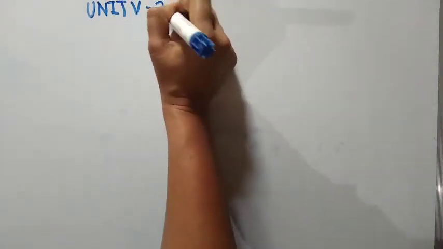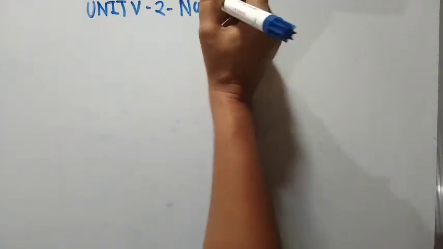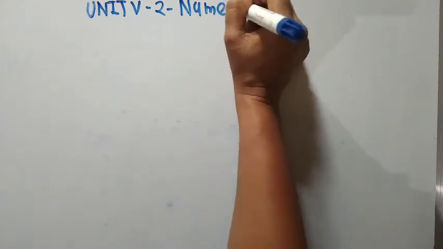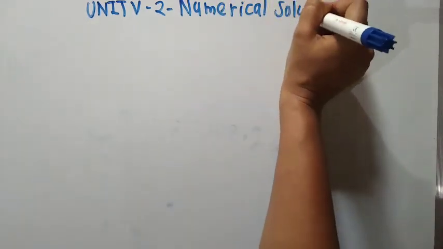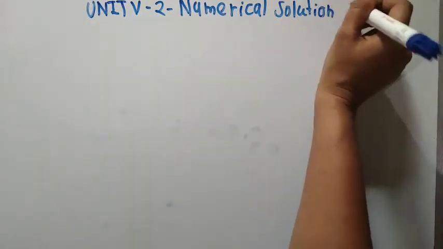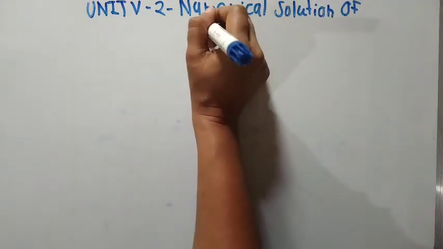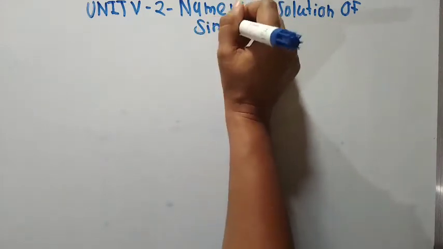Then here we studied Unit 5. Second chapter is numerical solution of simultaneous equation.